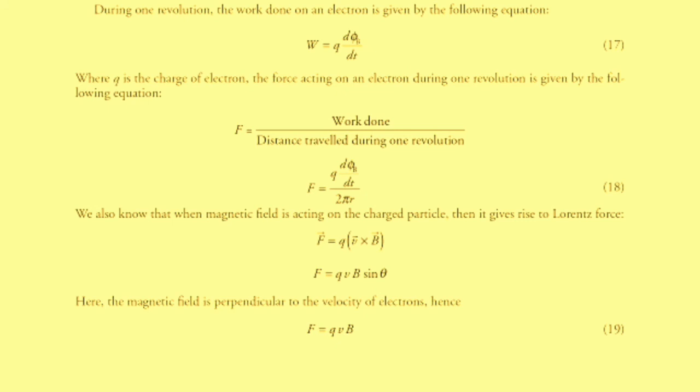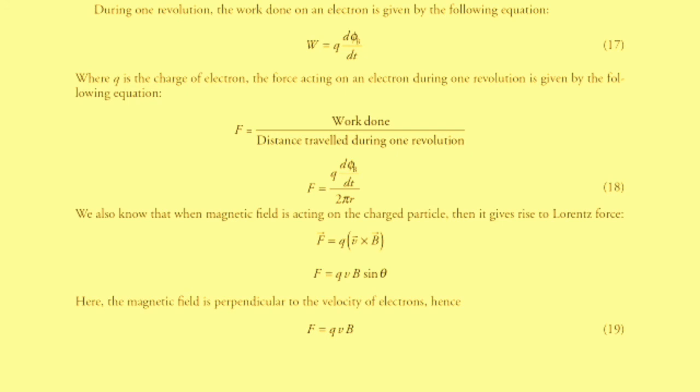Now we also know that when a magnetic field is acting on a charged particle, the Lorentz force will definitely be there, which is given by vector F is equal to Q vector V cross B, and on using the cross product rule, we will get F is equal to QVB sin theta.